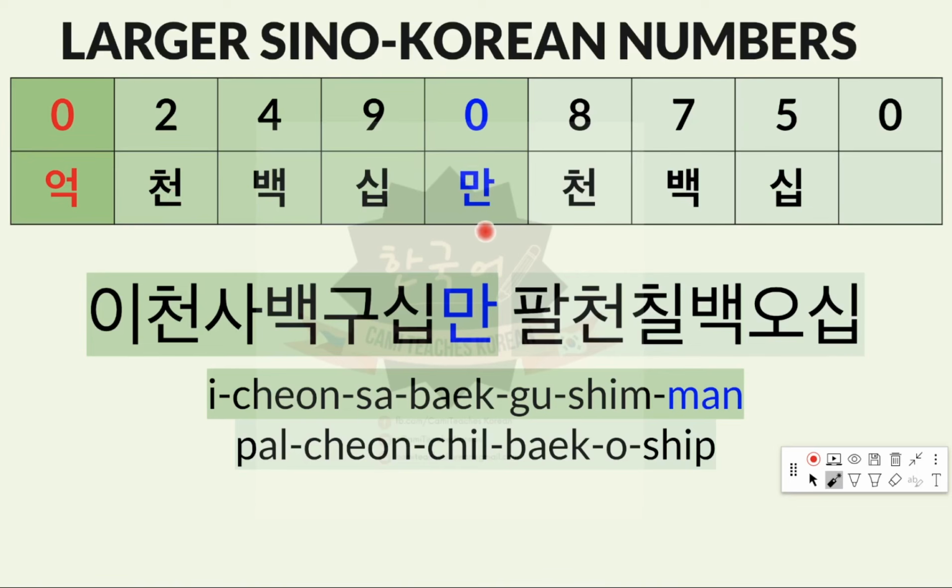Man is always going to be here. So whenever there is a higher value in this group, always include man. There is always a man, even if it's 0. This is our point of reference. As long as there are digits in this group, we will always include man.